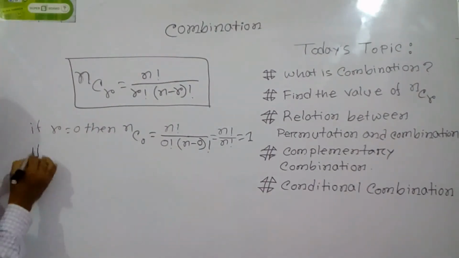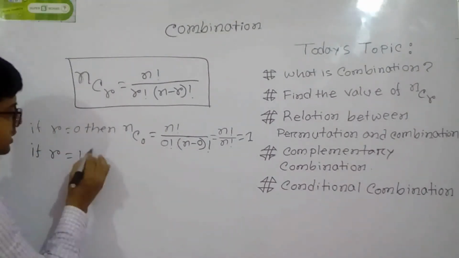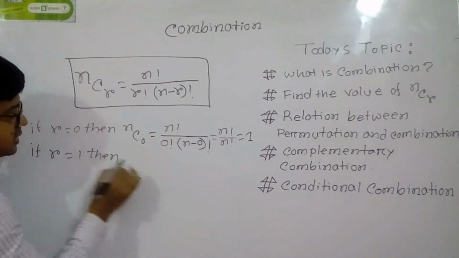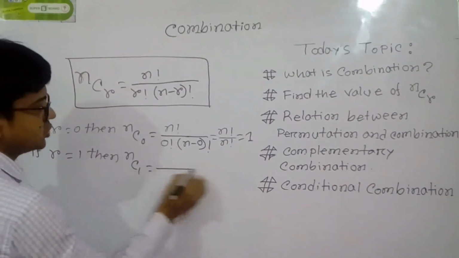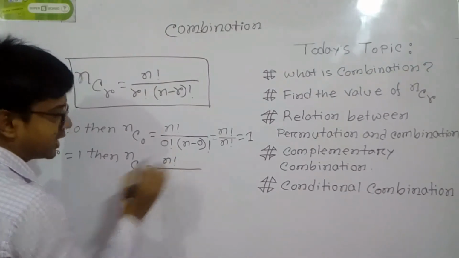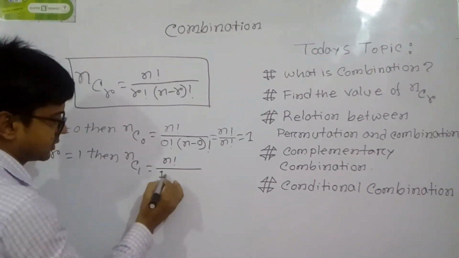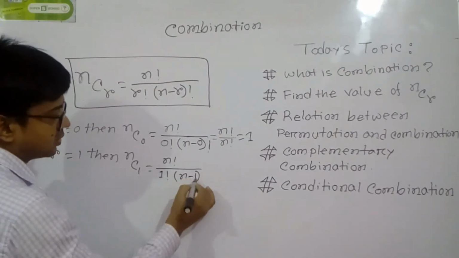Again, if r equals 1, then nC1 equals factorial n divided by factorial 1 times factorial n minus 1.